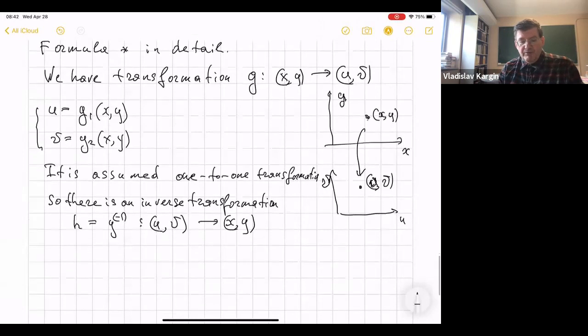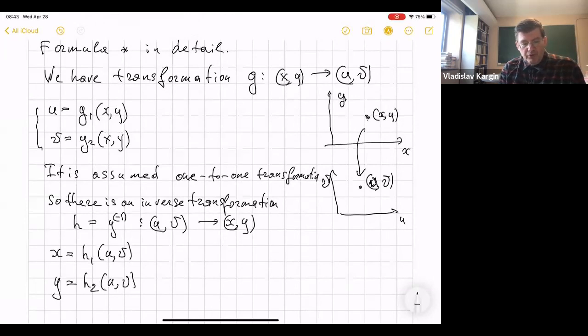This is how you obtain it, and it looks like this: x is equal to h1 of u, v, and y is equal to h2 of u, v. This will be your inverse transformation.